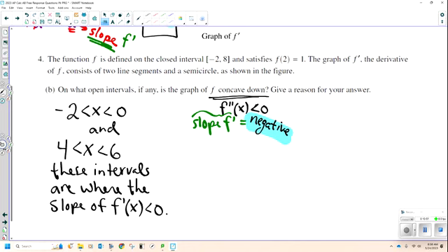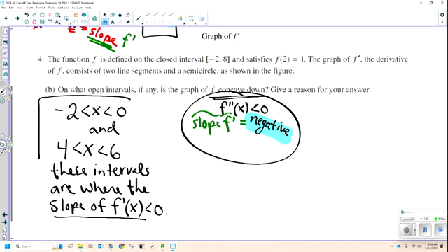And if you want to be specific, you can say, therefore, the second derivative is negative. If you write this, you're telling them you know this. We're done.